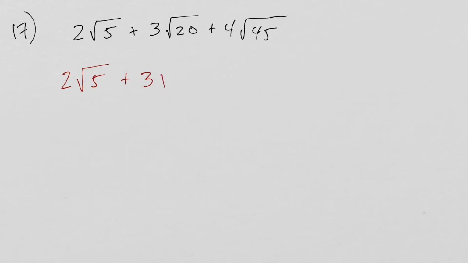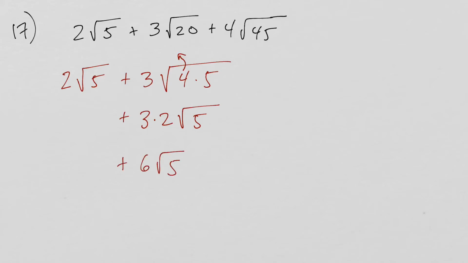This second one I can write as a 4 times a 5. And when I take out the 4, it becomes a 2. So I have a 3 out there. The 2 comes out, and I'm left with root 5. So this is 6 root 5. Okay, and this, I have the 4 sitting out here.